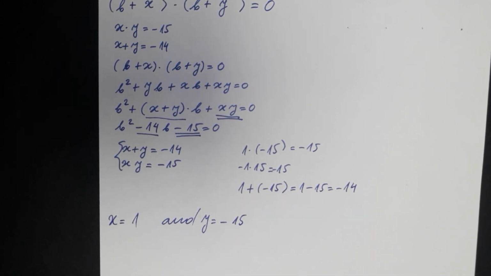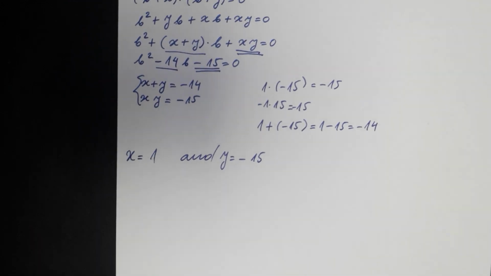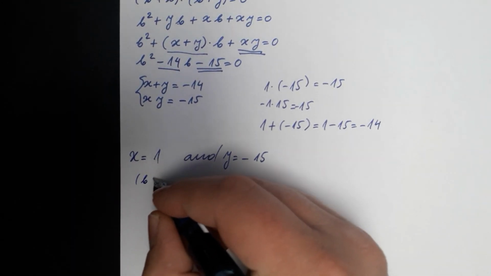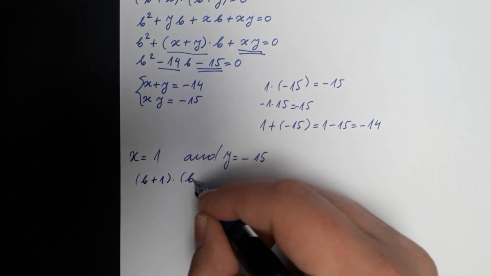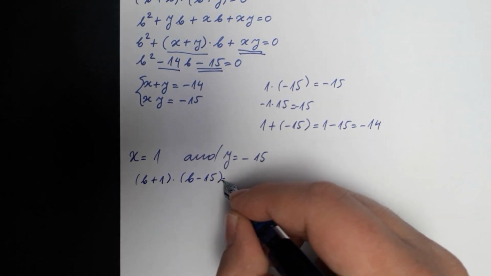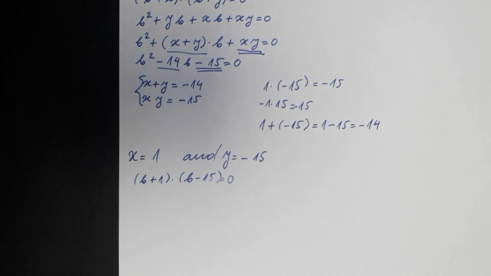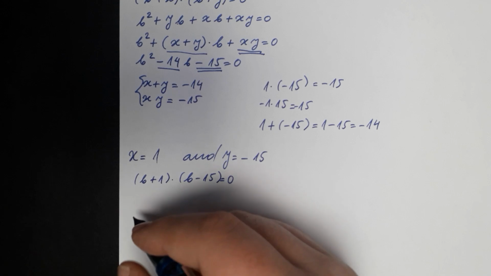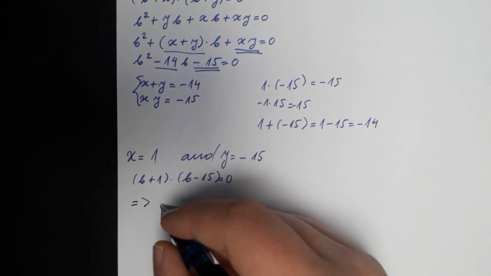Let's return this into our equation. Now we get the equation that b plus 1 multiplied by b minus 15 is equal to 0. Solving this equation is quite easy, especially because we have the product. As the product is equal to 0, this is only possible if either the first part is equal to 0 or this second part is equal to 0.